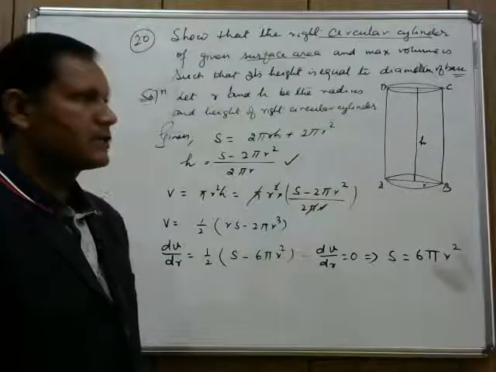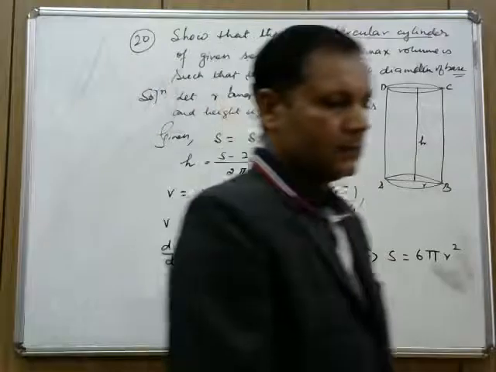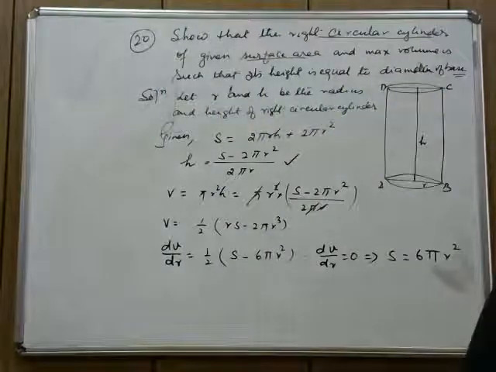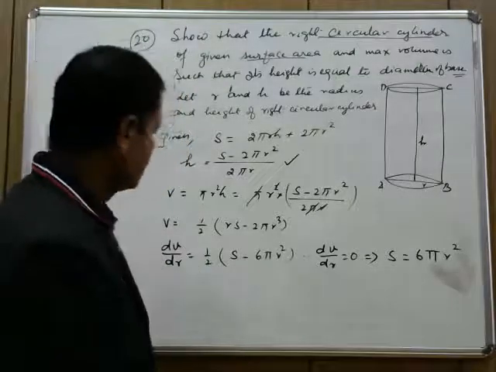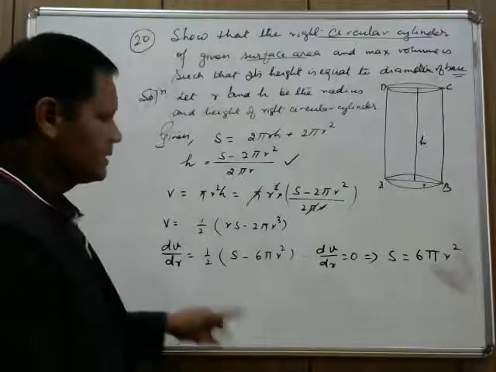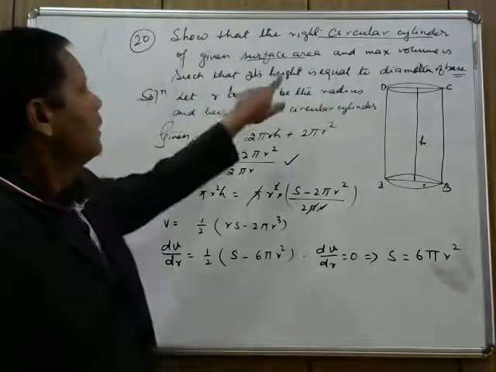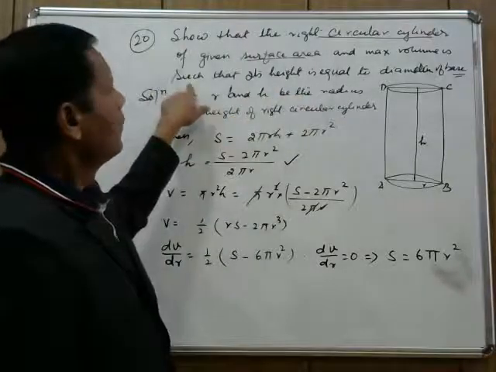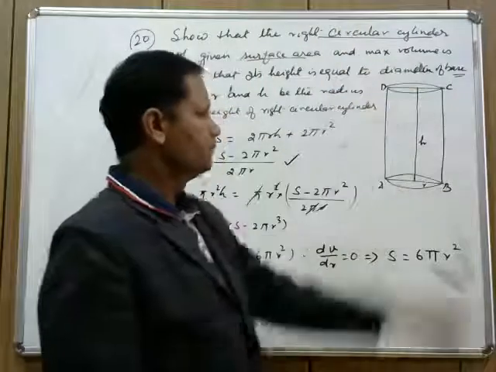And when S is equal to 6 pi r square, now you have got that. Now two things are left. I have to prove that at S equal to 6 pi r square, it has maximum volume, right?